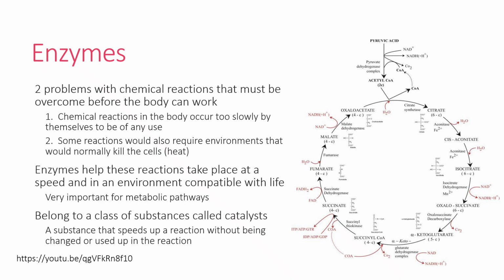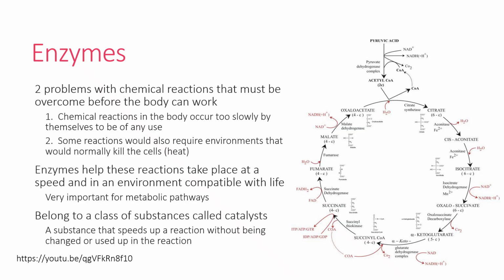So instead of needing the energy to be like several hundred degrees Fahrenheit, now these chemical reactions will be able to take place within a range of temperature that is compatible with life. And amazingly, and it makes complete sense, most chemical reactions will occur using enzymes.